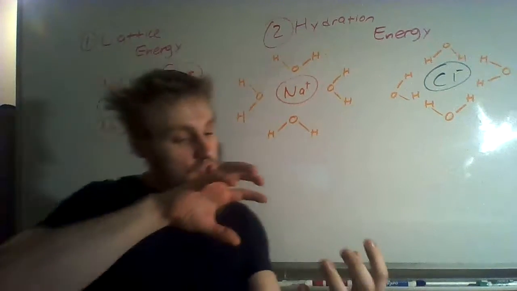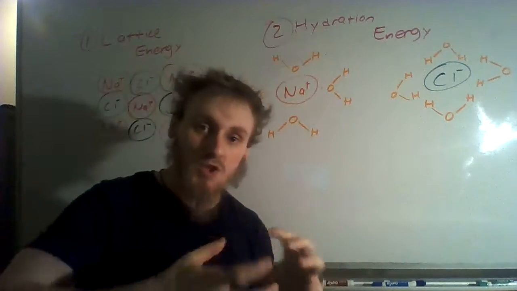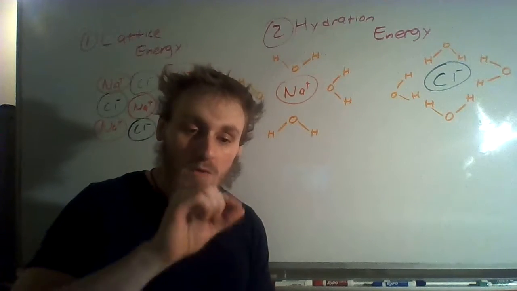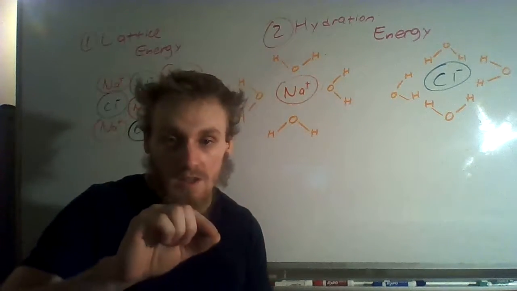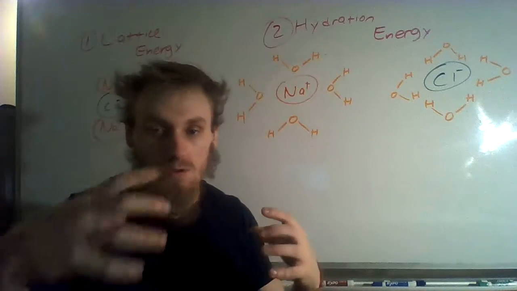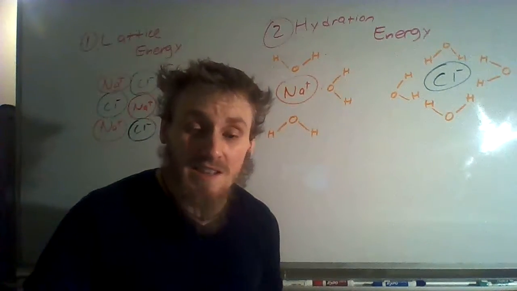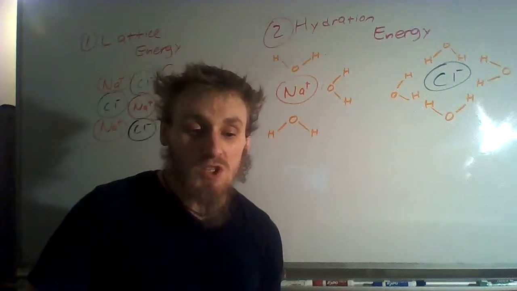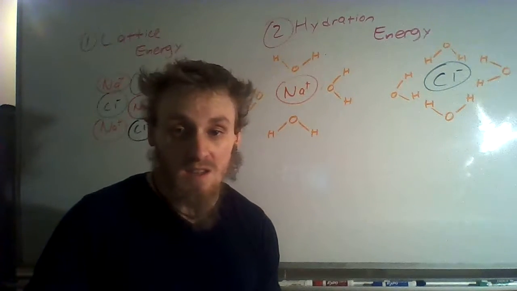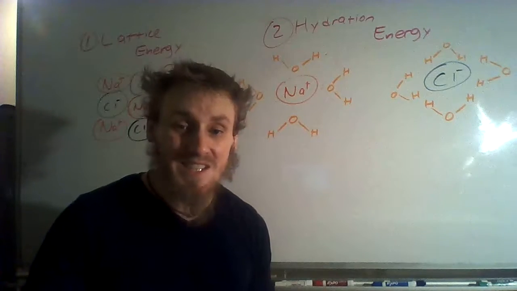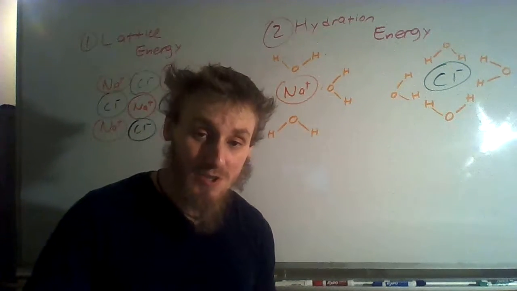You have this three-dimensional structure with alternating sodium and chloride, and this goes on in three different dimensions. That's basically a lattice. You have this three-dimensional structure of alternating sodium and chloride ions. That's essentially your crystal lattice.